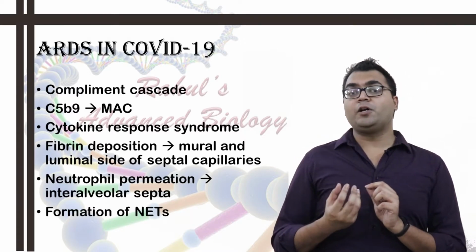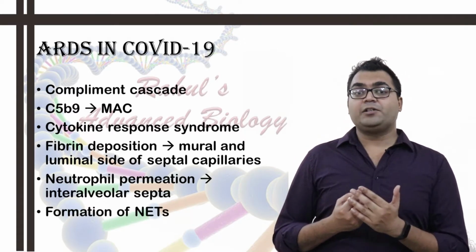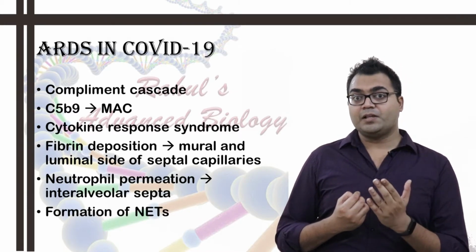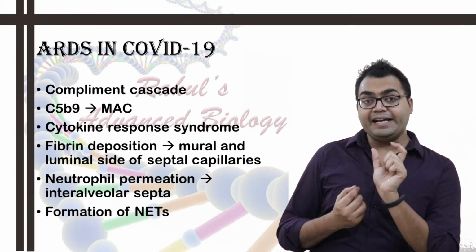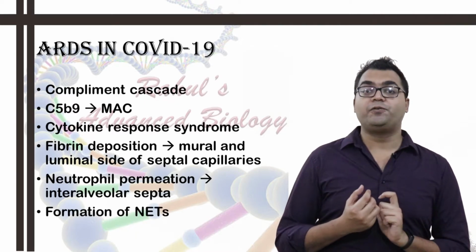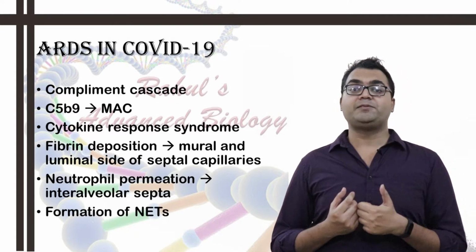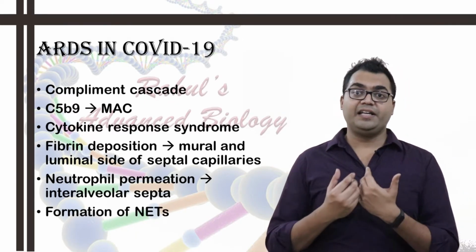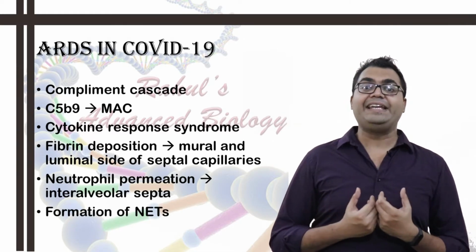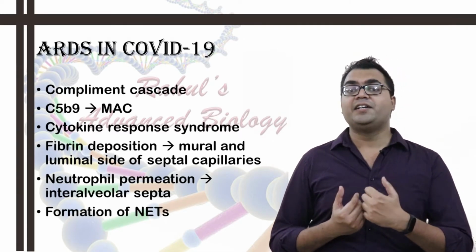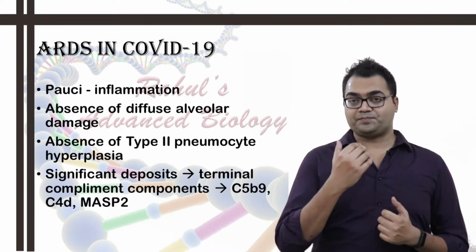What has also been observed is the infiltration or penetration of the septum, specifically the interalveolar septum, by neutrophils, causing neutrophil extracellular traps, which I will be covering in my next video, the immunobiological dynamics of neutrophil extracellular traps, NETs.